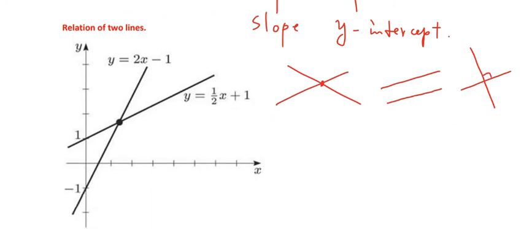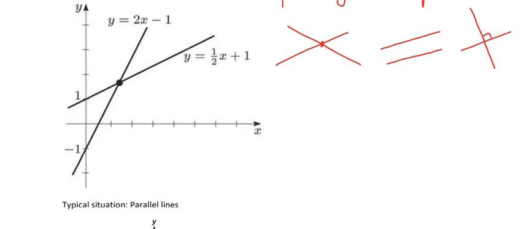So if for two lines we want to find the intersection, we can find what this point is. At this point, both y values are the same, so we just solve the equation. We let 2x minus 1 equal this y, and solve.